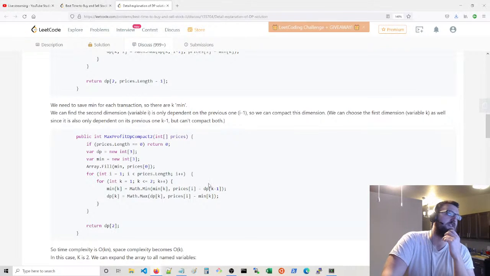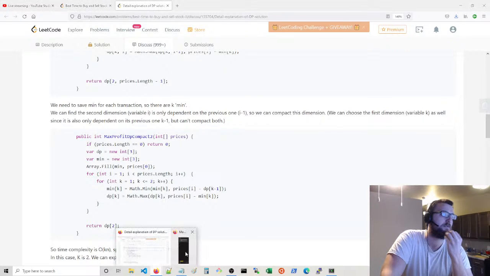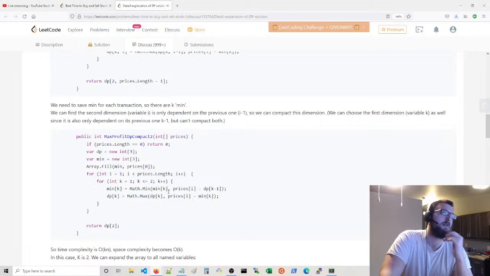What I'm trying to argue is that you don't modify min 1. Min 1 is the same in both cases. When you modify the price upwards, price minus min 1 was a consideration for dp of 2 previously, and this new price, which is larger, minus min 1 is the next consideration. Same min 1 as previously. It doesn't change.